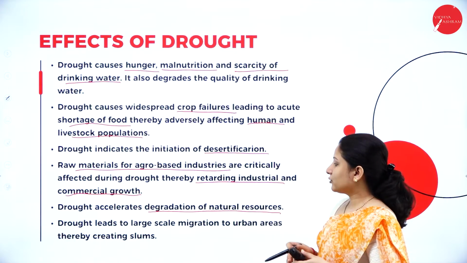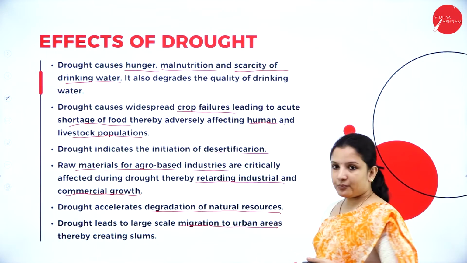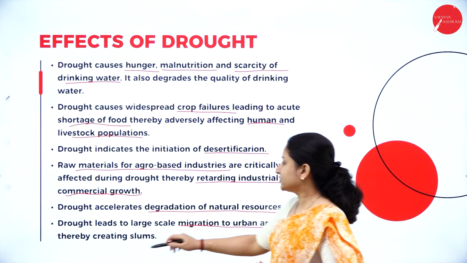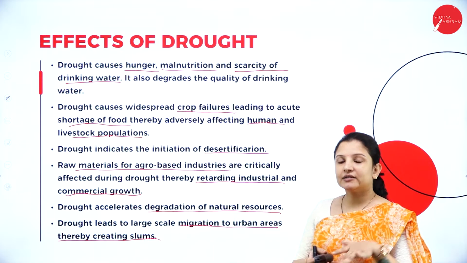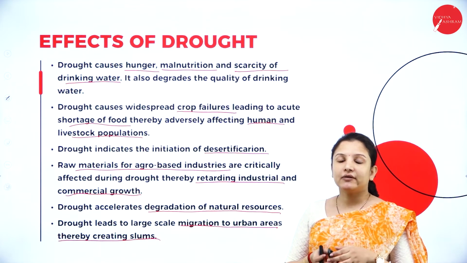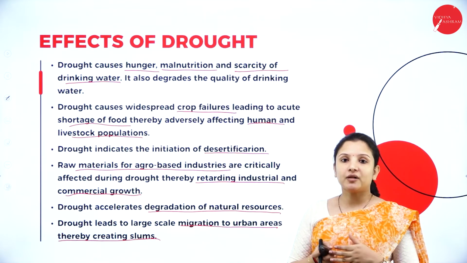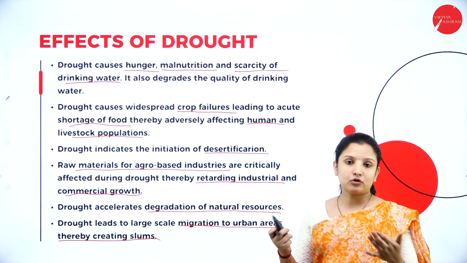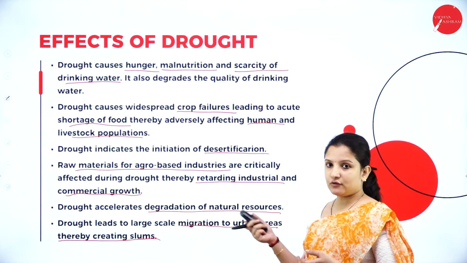And drought leads to large-scale migration of people from rural areas to urban areas, and in some places leading to the development of slums. With more slums, that is a crowded population, a lot of diseases and other problems will come up, right? So these are the different effects of drought.